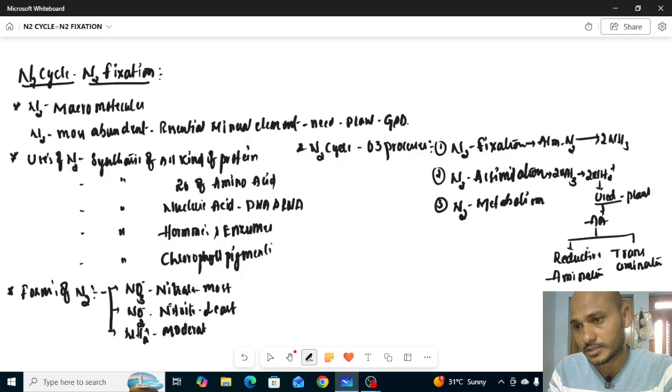Now coming to nitrogen metabolism, this process includes three major steps: ammonification, nitrification, and the last one, denitrification.